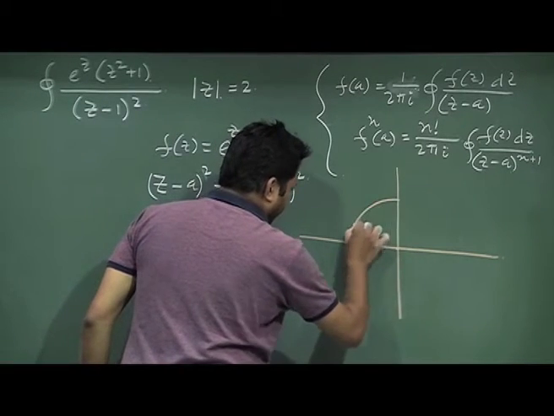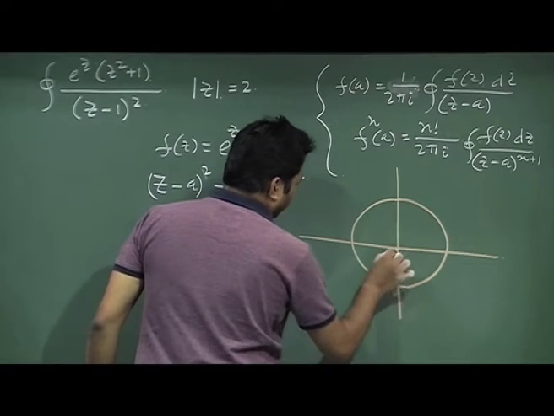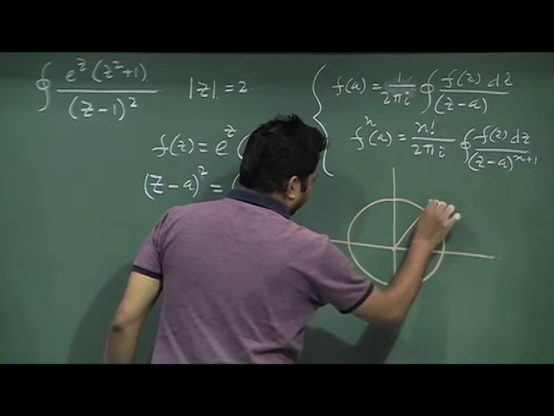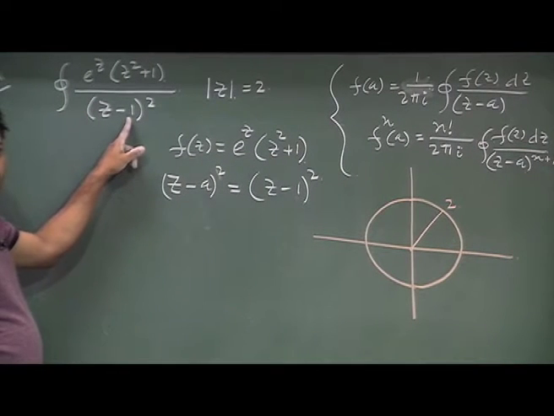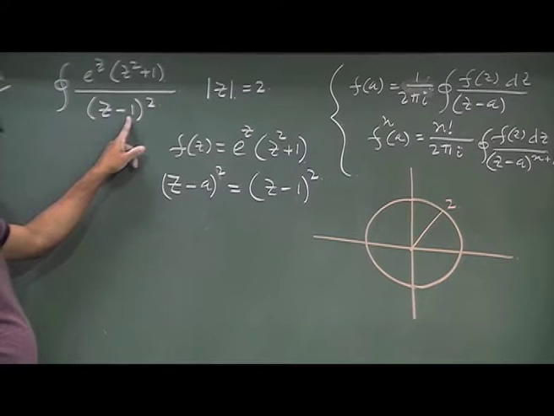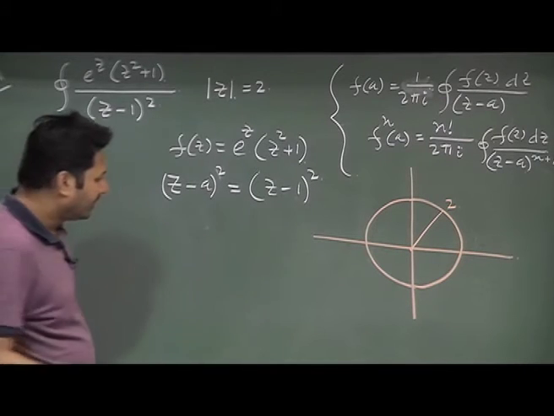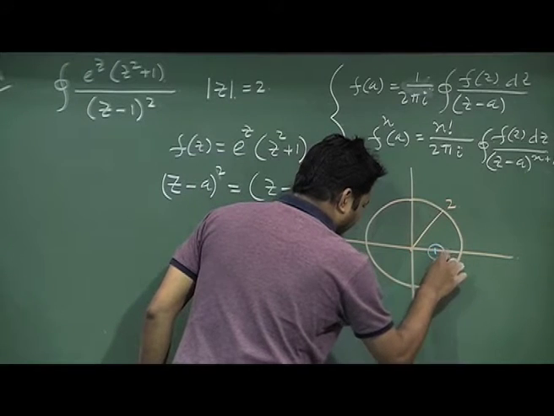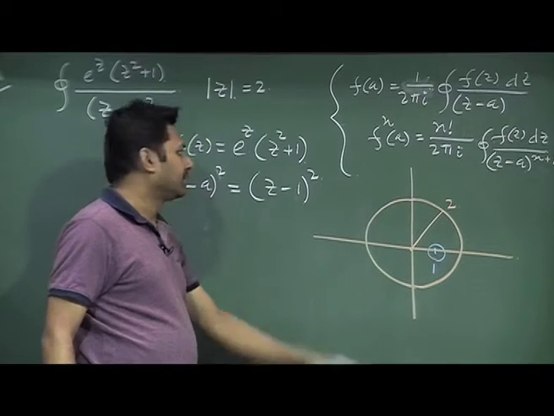They are talking about a region where z equals 0 is the center, and the radius is 2. Now, where is my a? (z minus 1) square, so a is 1. This is the point 1, which is inside the region that is given.